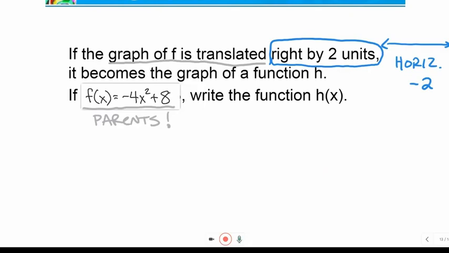So my function, h of x, is going to be f of x, that original function, but then my horizontal shift is minus 2. So what I need to do is I need to squeeze that minus 2 inside those parentheses. Minus 2. Nothing happens outside.